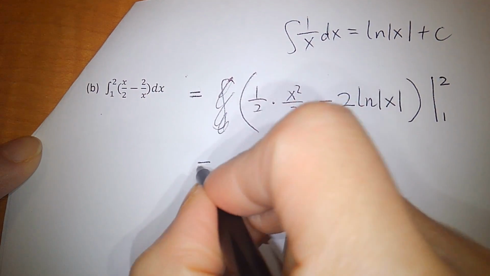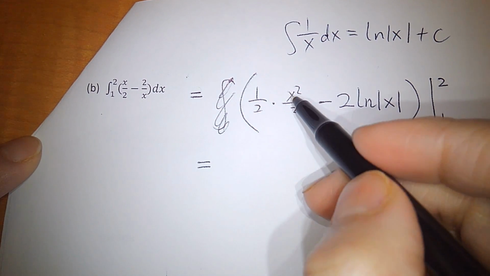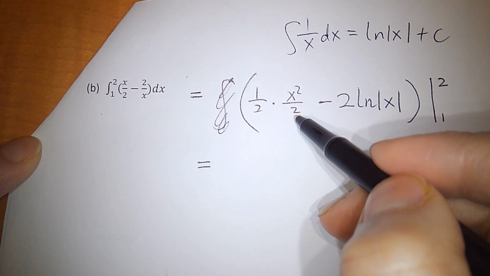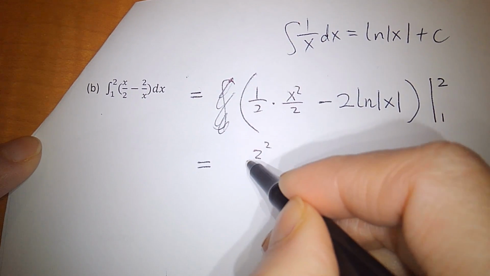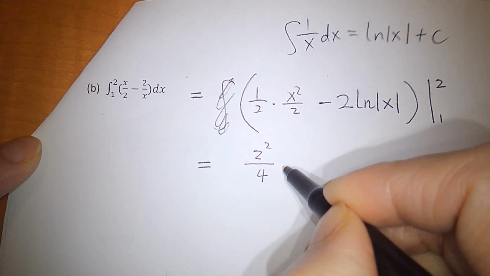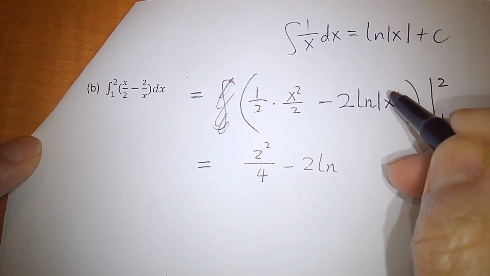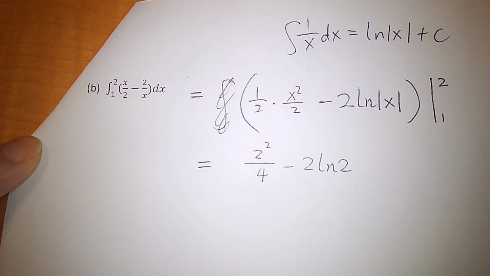So we should have x squared over 4, right? So we replace x by 2. I will say 2 squared over 4 minus 2 times ln absolute value of 2, right?